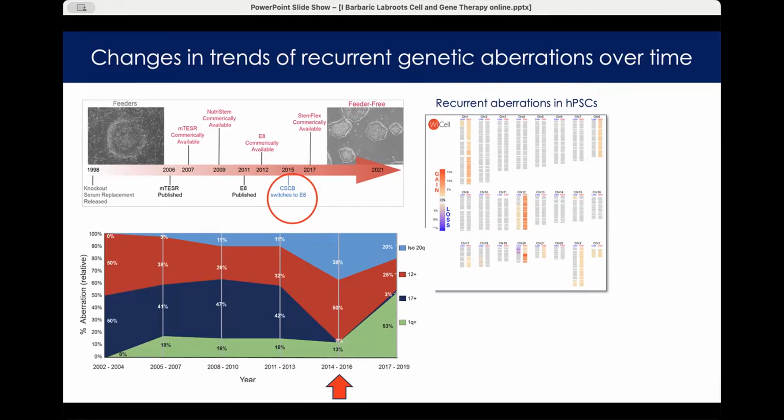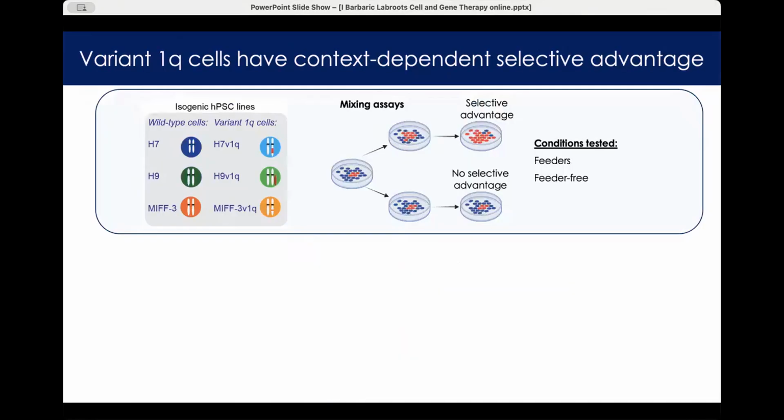So this was a hypothesis that we went on to test experimentally. To do that, we took 3 different lines, 2 embryonic and 1 induced pluripotent stem cell line. For each of the diploid lines, we also had the same cells, but with a gain of chromosome 1q.